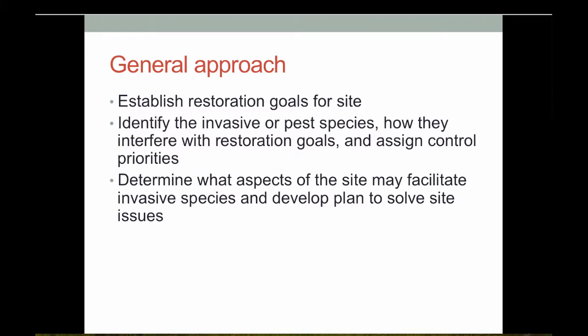And you know that if you have a really productive site, and that underlying problem is going to be that inherent nitrogen levels that are associated with active and long-term fertilization, because it's been ag land that now you're trying to restore back to a prairie ecosystem, you may need to develop a plan to deal with that underlying problem or issue with the site that may facilitate that dominance of those cool season grasses. And here we know from considerable research in this example that that's really manipulating the nitrogen cycle.